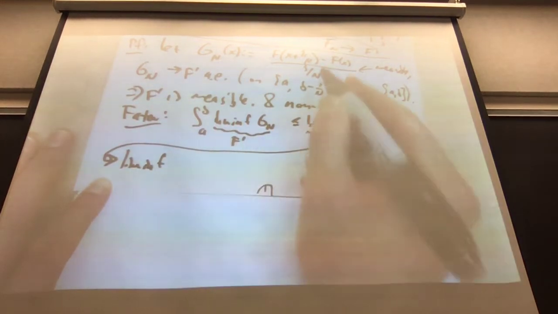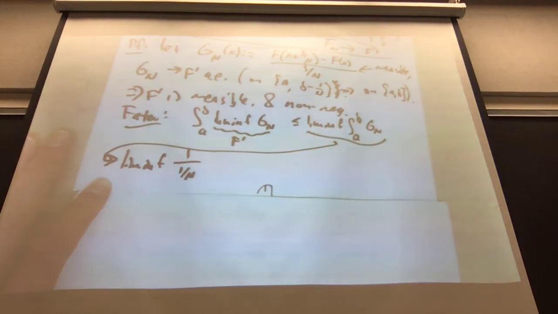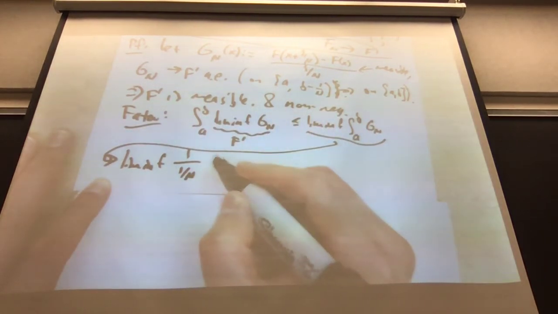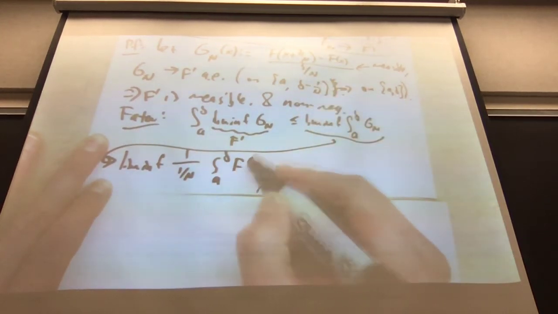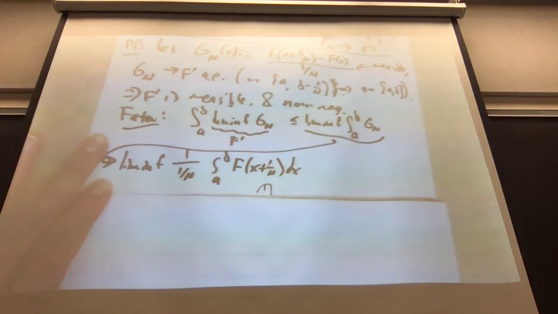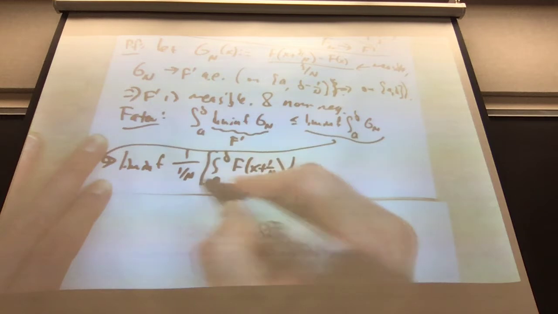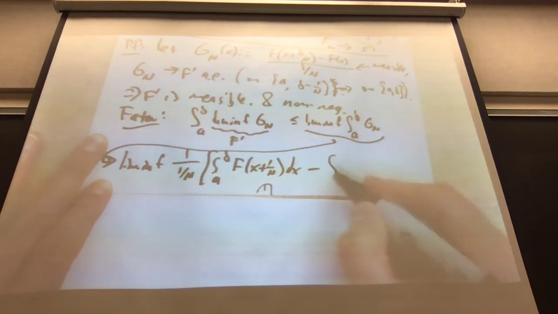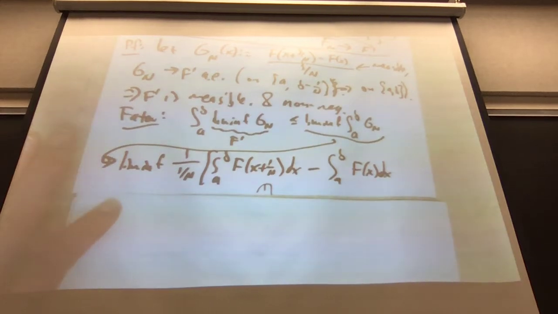That's 1 over n times the integral from a to b of f of x plus 1 over n dx minus, let's keep the 1 over n over there, f of x dx.